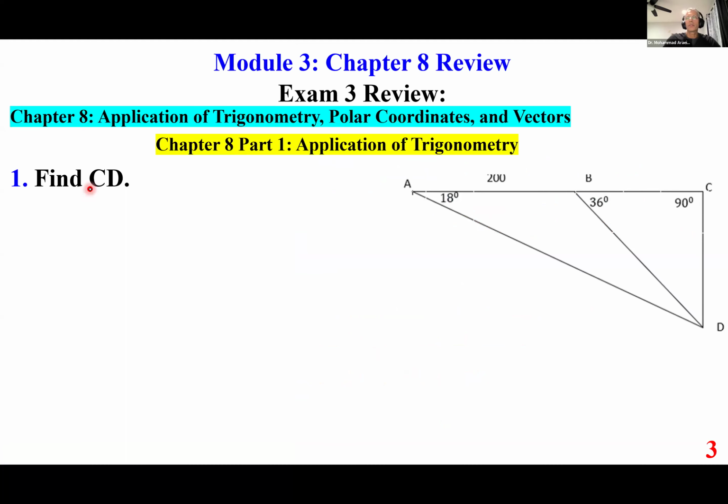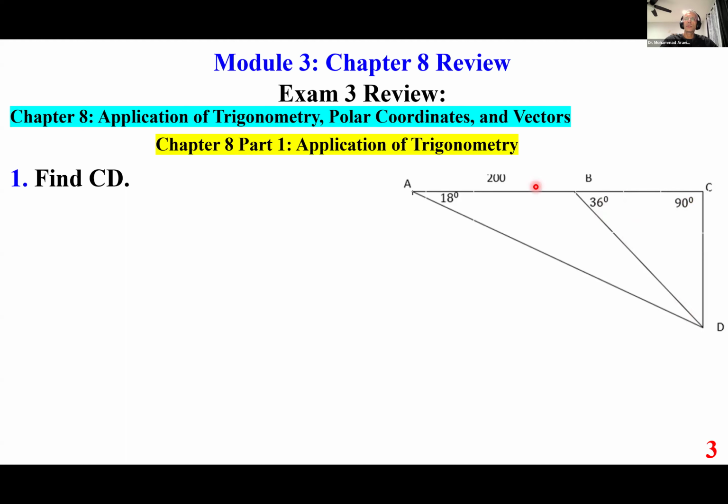We want to find the distance CD, and of course this is a right triangle where this one is 90 degrees. So let's find various angles. This is 90 degrees. These two must add up to 90 degrees.